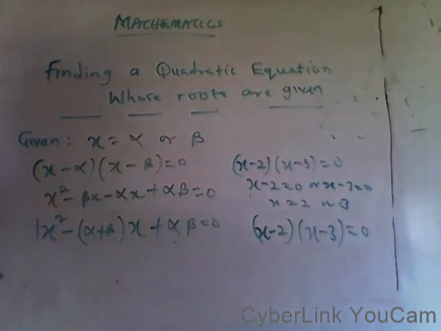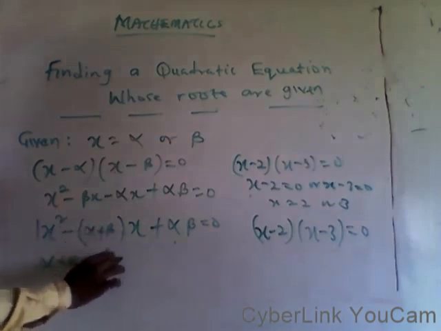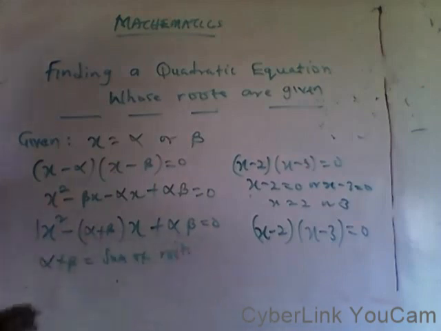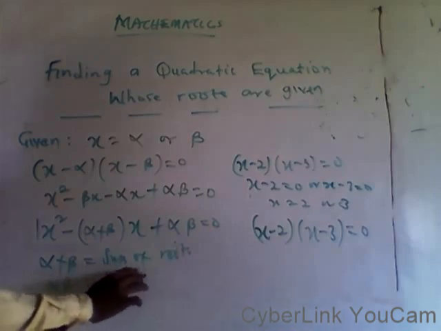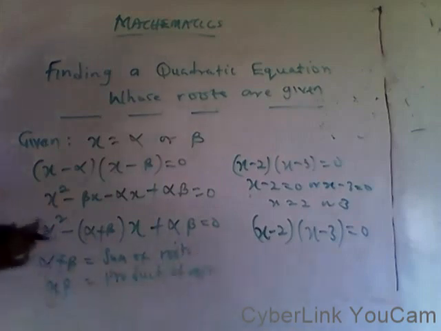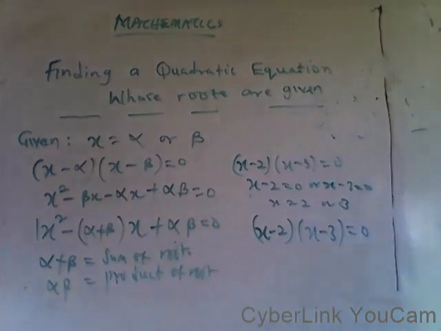The first thing to know is that your alpha plus beta is the sum of roots, right? And your alpha beta is the product of roots, right? And the coefficient of x squared will be 1. Now, let's do it further.